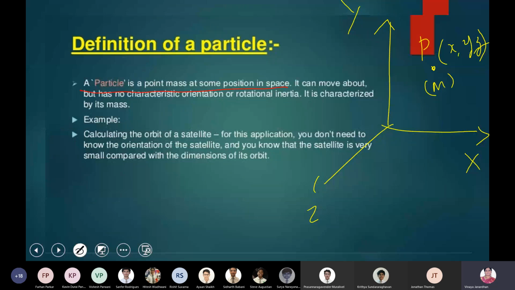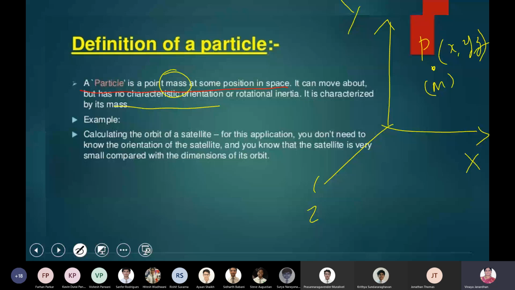Can this particle rotate? Ma'am, it's a point. If it has to rotate, it has to have an axis of rotation. I think in lower grades you have not learned about axis of rotation.